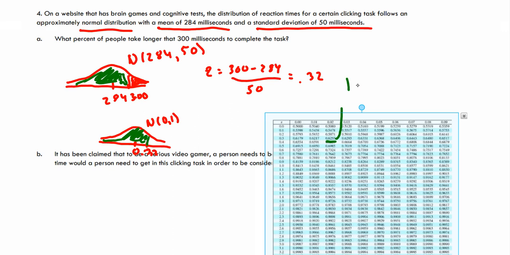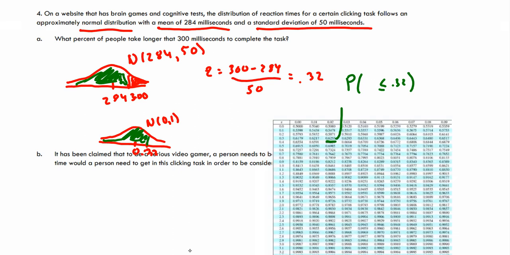If I call this x, the number of milliseconds it takes to complete the task, this would give me all the values that are less than or equal to that value. At 0.32, actually that would be our z.